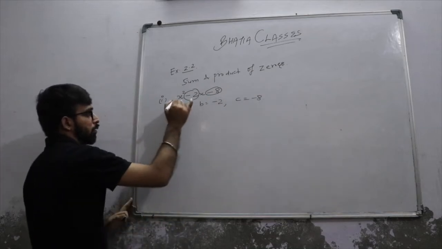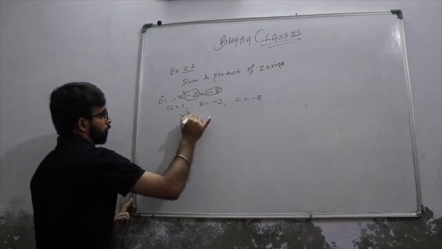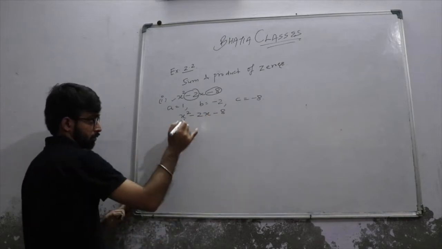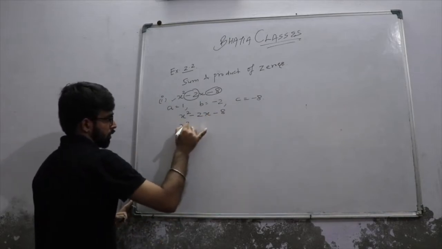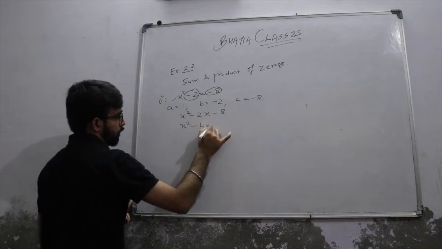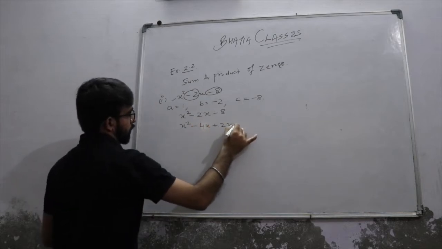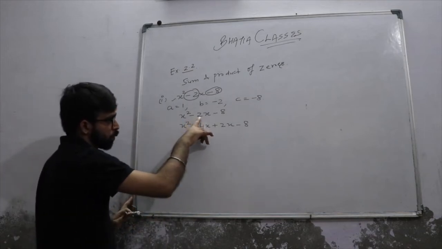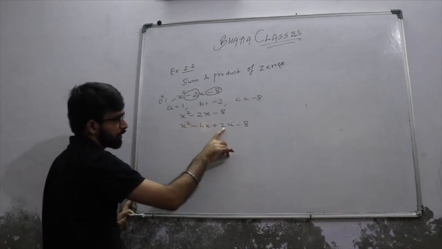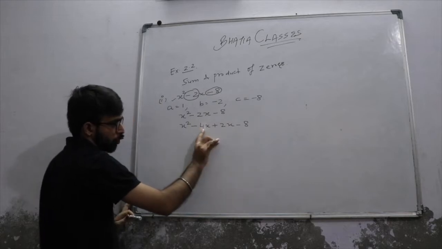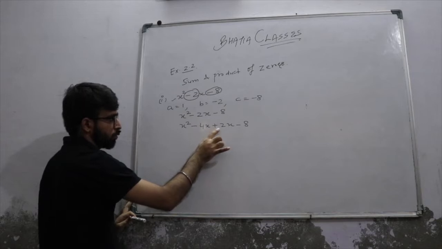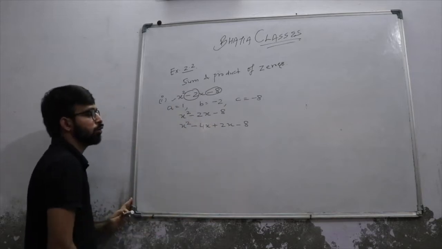Now I will start by factorizing this sum, or by breaking this: x squared minus 4x plus 2x minus 8. Here I split the minus 2x into minus 4x plus 2x, because 4 multiplied by 2 gives 8, and minus 4 plus 2 gives minus 2.